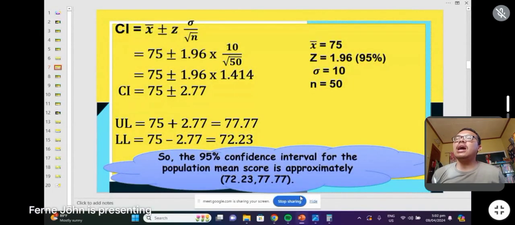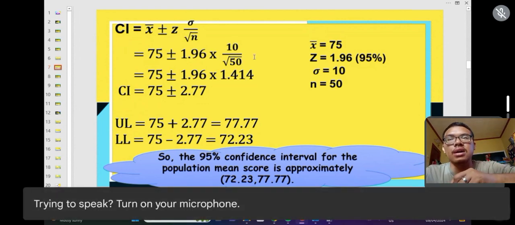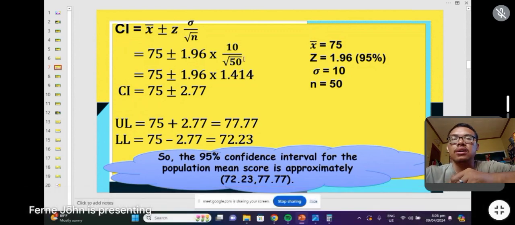Again, we have 75 plus minus 1.96 times 10 over square root of 50. The first part of the equation that we will solve is 10 over square root of 50. So let us find first the square root of 50.